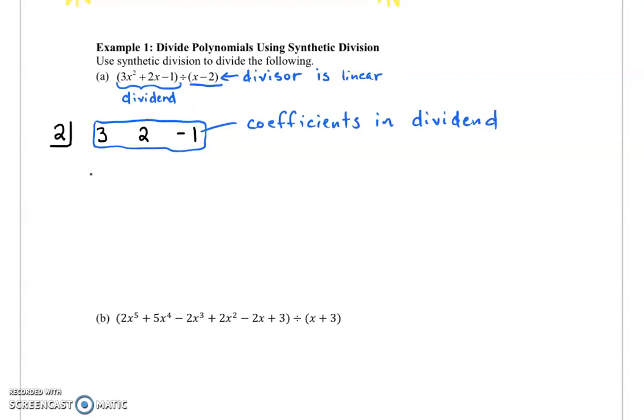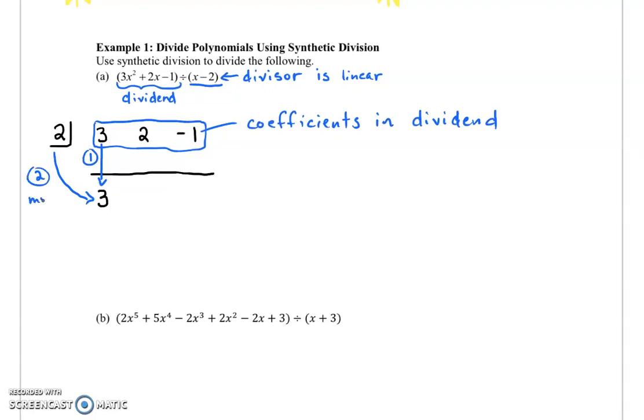Then we leave a space and we draw a line. The first thing we do is bring the 3 straight down. So that's number 1.